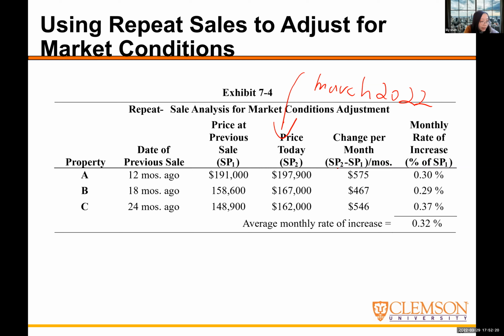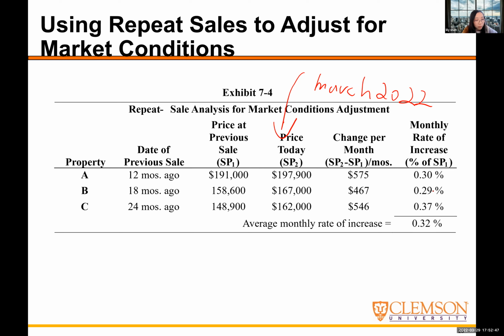So property A indicates that in the past 12 months, every month the property would appreciate by 0.3%. Property B says 0.23%, and property C indicates 0.37%. So what's the average monthly growth appreciation for the local market?